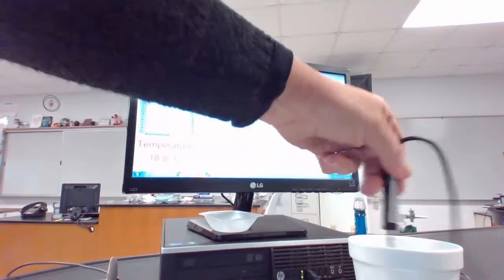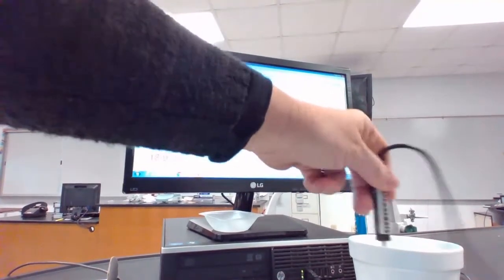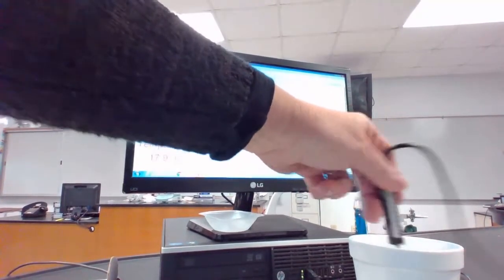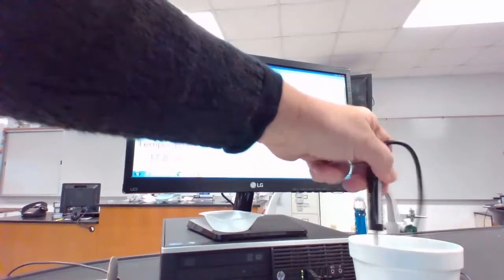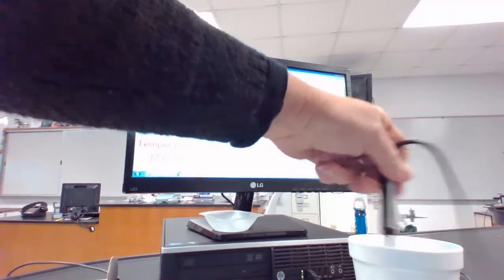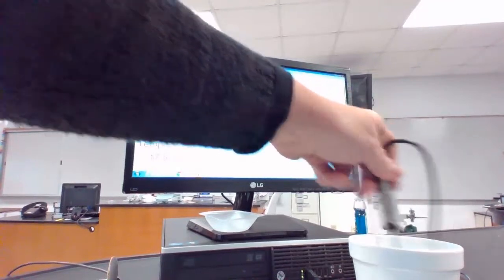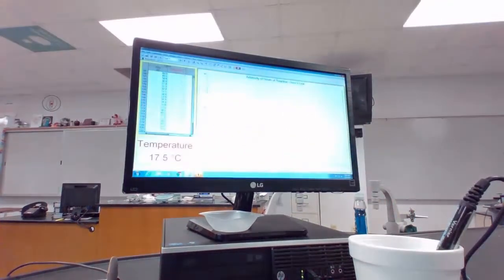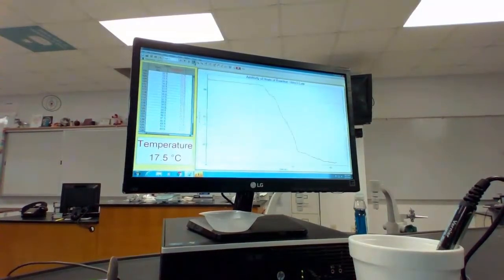I'm going to stir, and I don't know why that just came up, but we'll let that be. We're going to see what happens here as a result of the whole process. And as you can see, we have already gotten to the end here, and we already have hit a bottom temperature of this reaction. And so what I'm going to do with that is I'm going to actually make the screen bigger so you can see it.